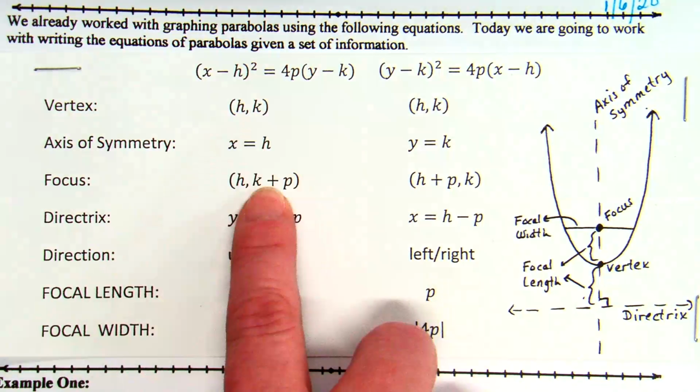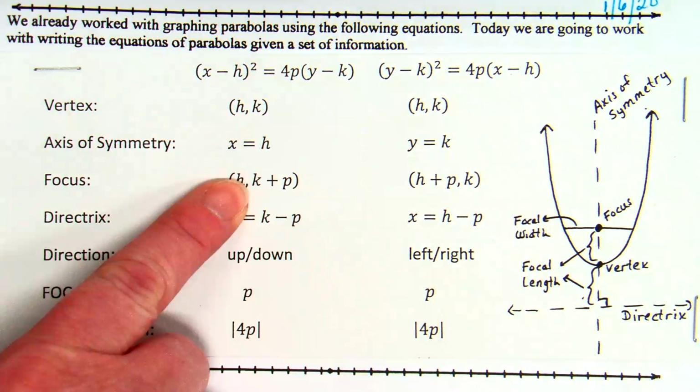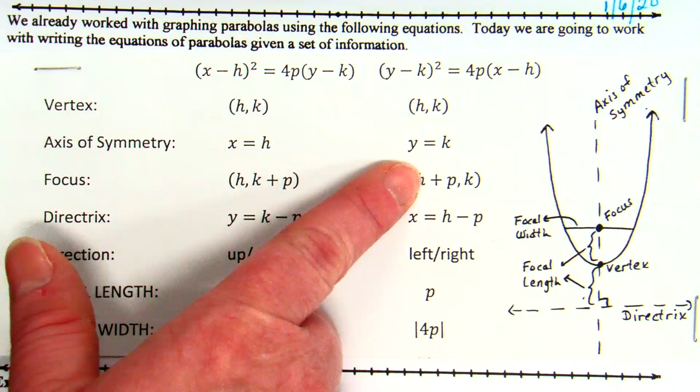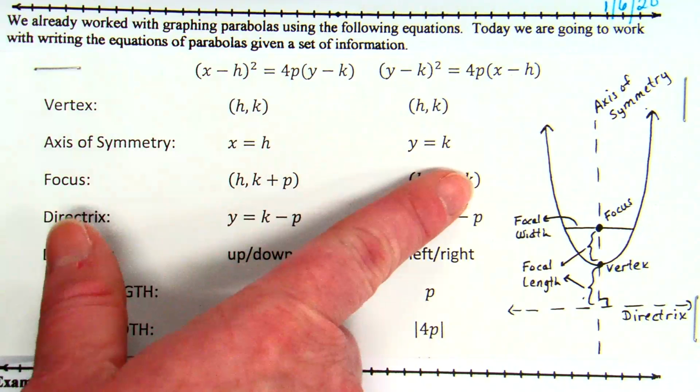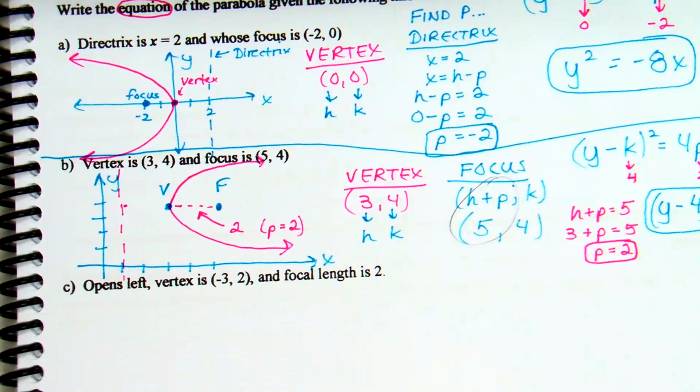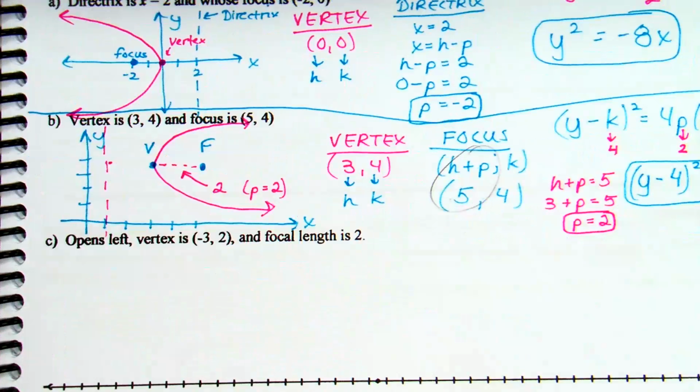So in this column, the first number would be the same between the focus and vertex. Over here, it's H plus P, but they are both K. So the second number is the same here between the vertex and focus. Lots of different ways you can do these problems, okay? So you have to work to find the connections that you like. Okay, you ready to try C?